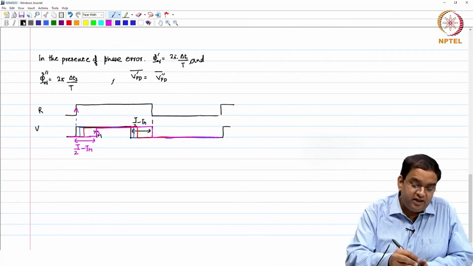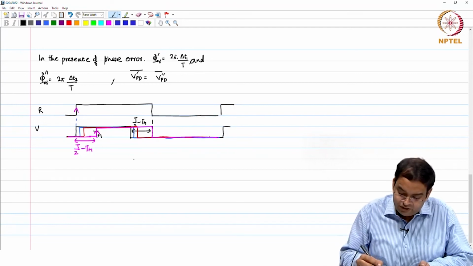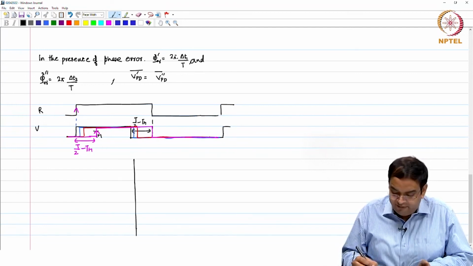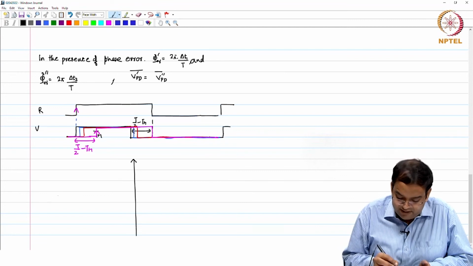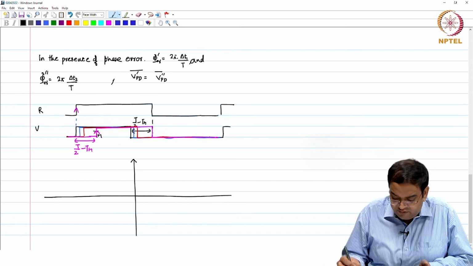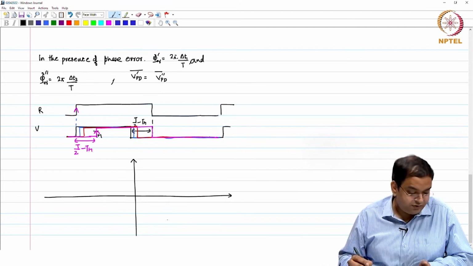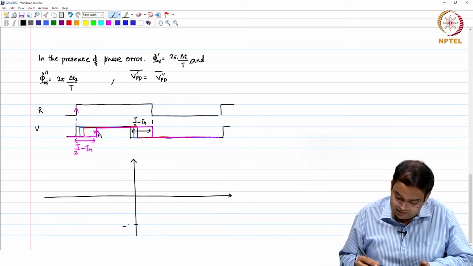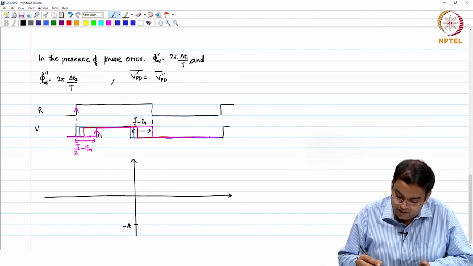So, based on this, we can actually plot the average of the phase error detector. If I call, let us say, this is minus A and this happens to be A, right.